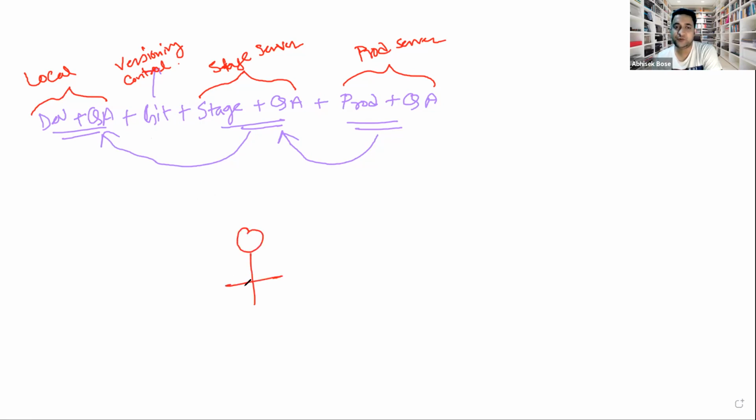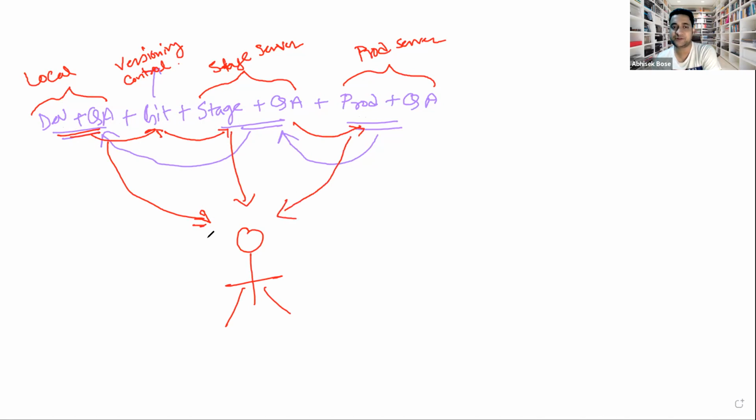Suppose you are the person who wants to know, from development to QA, whenever anything shifts to Git, from here to here, anything is shifted, you need a notification, correct? From Git to stage, if anything is shifting, you need a notification. From here to here, if anything is shifting, you need a notification. So these all are notifications because you created this automated flow.